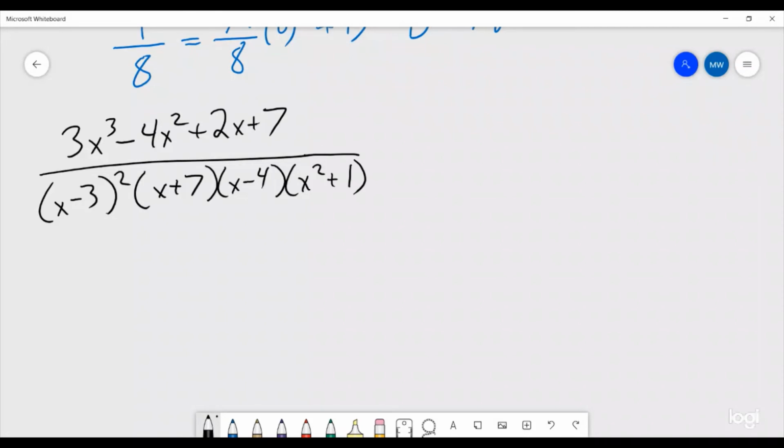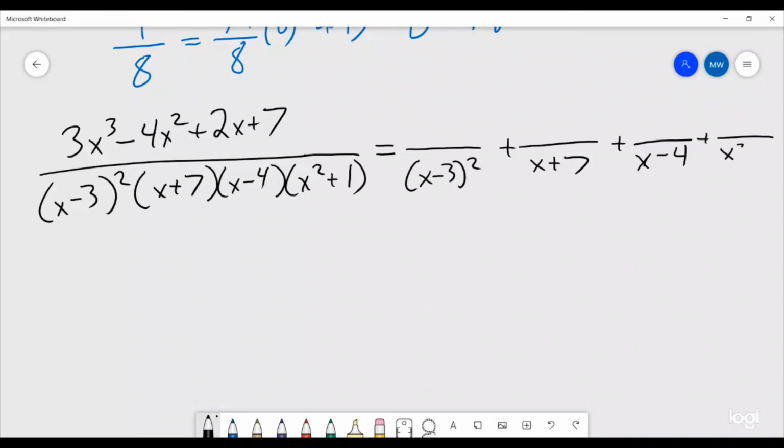If we were to try and write down what this would be expanded, we just take each term. So we have x minus 3 squared, we have x plus 7, we have x minus 4, and we have x squared plus 1.